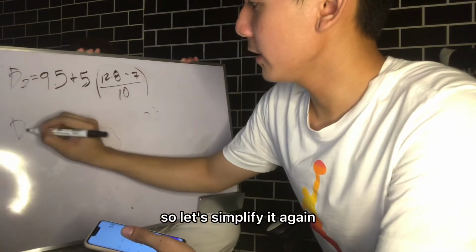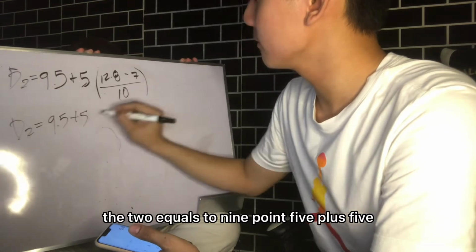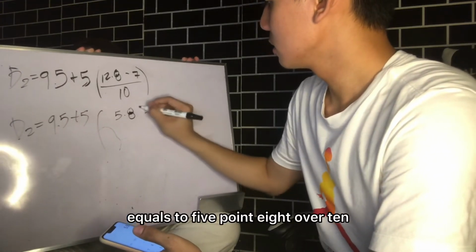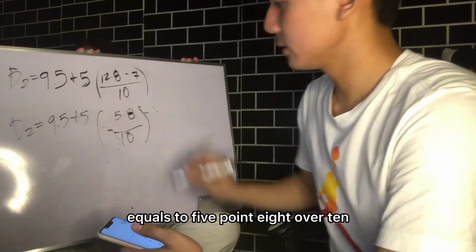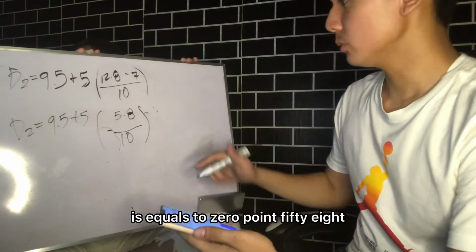So let's simplify it again. D2 equals 9.5 plus 5 times 5.8 over 10. So 5.8 divided by 10 is equal to 0.58.